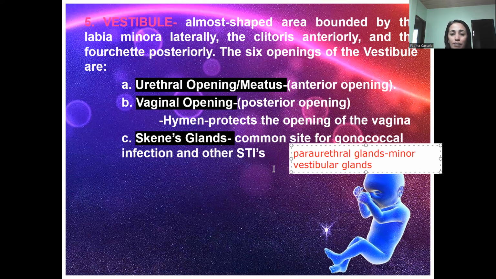But in the board exam, they're the most common site for gonococcal infections and other STIs. So that is your Skene's glands, your paraurethral glands, or your minor vestibular glands, okay?